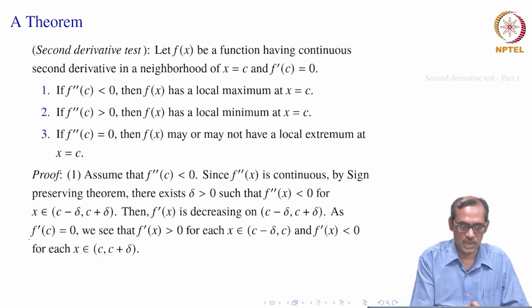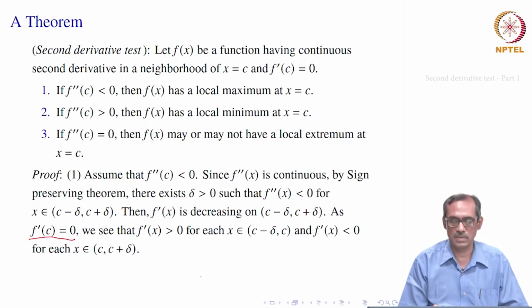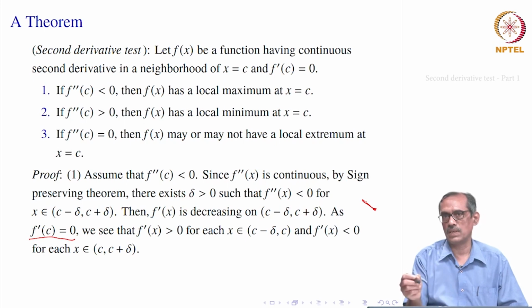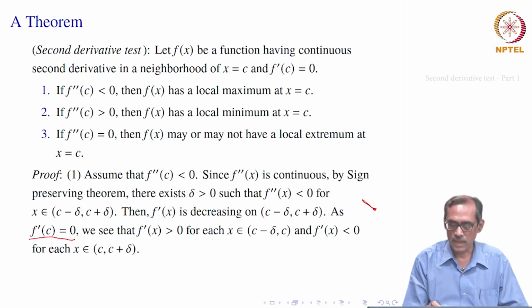Since f prime of c equals 0 and f prime is decreasing from c minus delta to c, it will decrease to 0. Once it decreases to 0, that means f prime remains positive at all the points in the open interval c minus delta to c. So for each x in c minus delta to c, f prime of x must be positive.